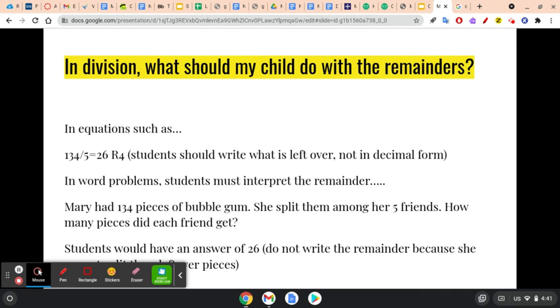Okay, so those are just some examples of what your child will be learning this year, and just a really big talk on multiplication and division, because that is the foundation. If your child is struggling with multiplication and division, and you notice that this year as we are working with it every day, please let us know.